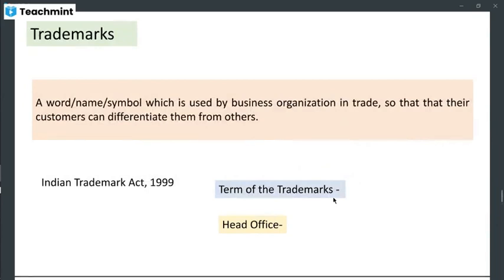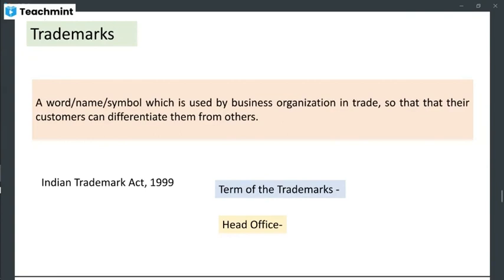And then comes trademarks. Trademarks are any sign, symbol, or design which different business organizations can use on their trading platform so that customers can easily identify them. This particular trademark is used only by this company or business group.